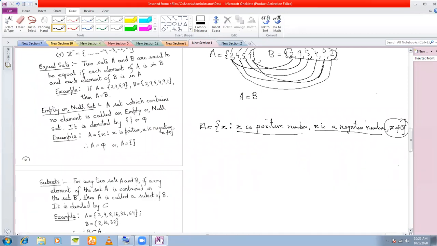So is it possible that a number can be positive and negative and also not equal to 0? Any number has to be either positive or negative or 0. So therefore, there is no number which is positive and negative and not 0 at the same time, right? Can you think of any number that is positive and negative and not 0 at the same time?